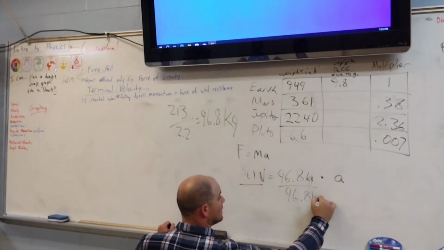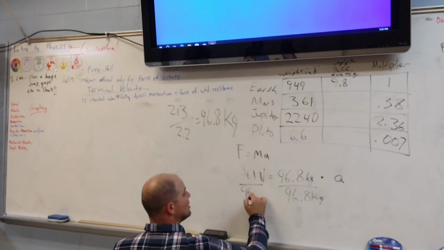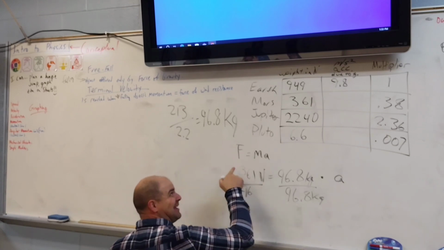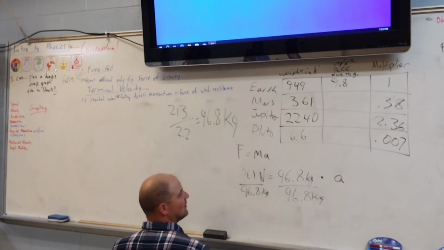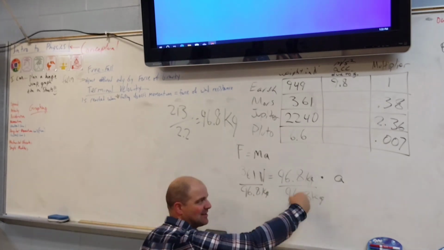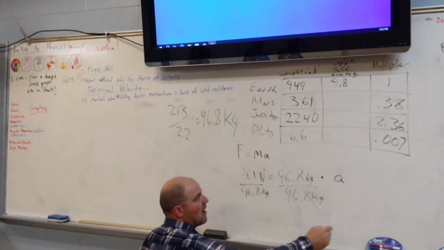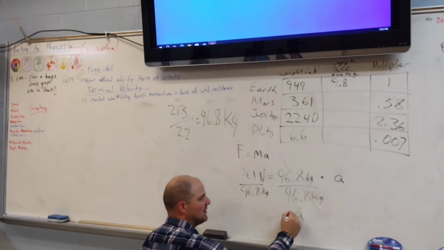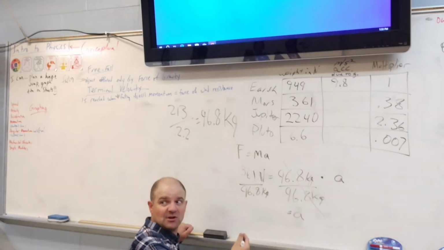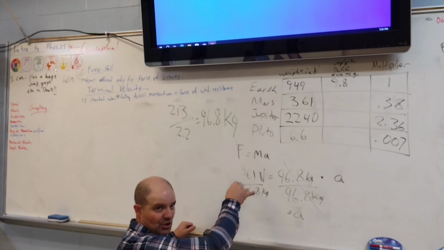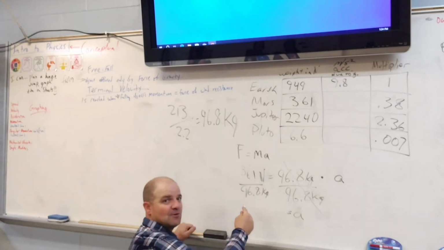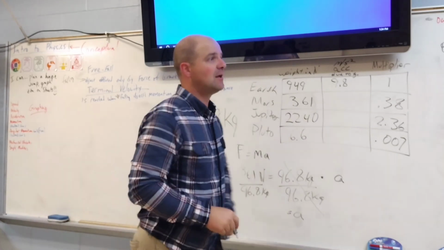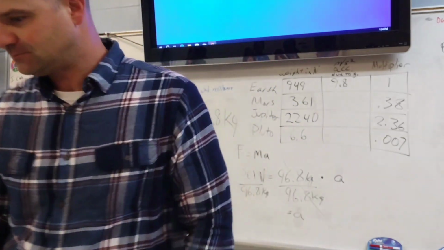So you'll have your weight in newtons divided by your mass. And what does that do to this side? It gets rid of this, right? Yep. All you'll have left now is acceleration equal to the answer. So you take your weight in newtons on Mars divided by your mass, and that's going to give you acceleration. Good job. You got it?